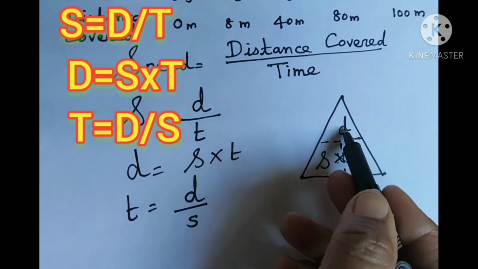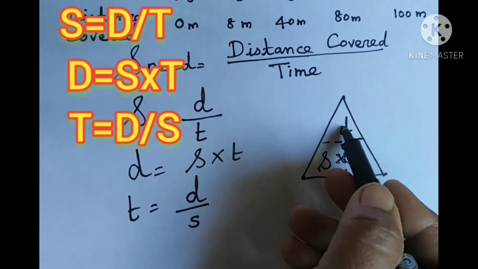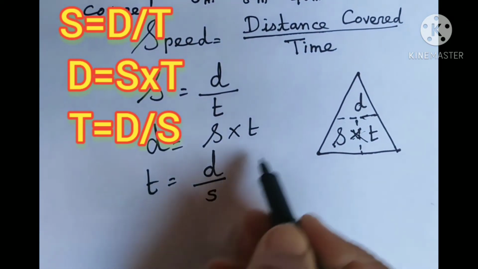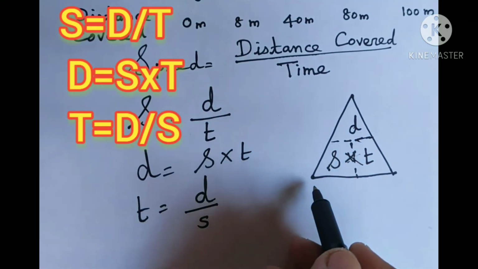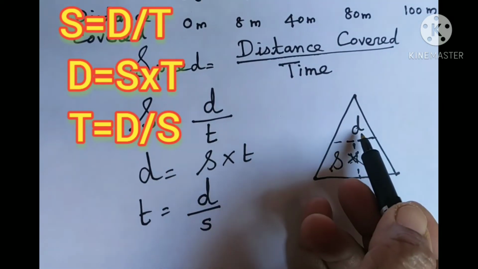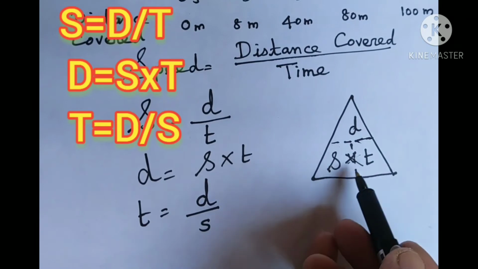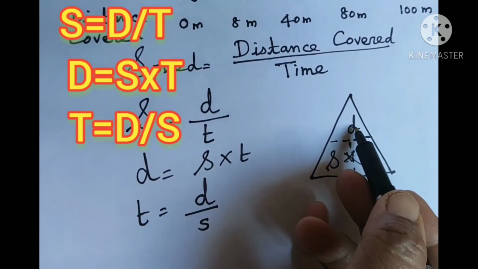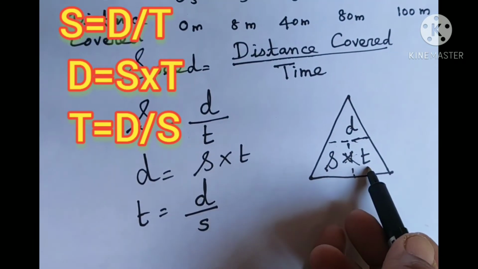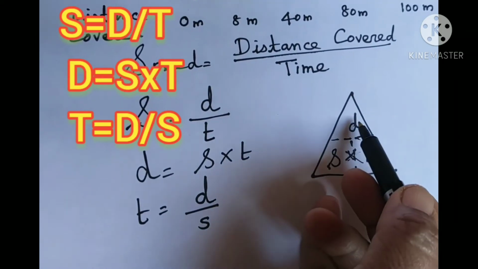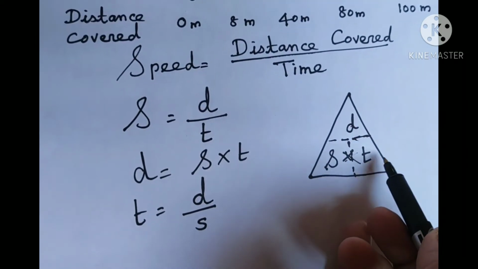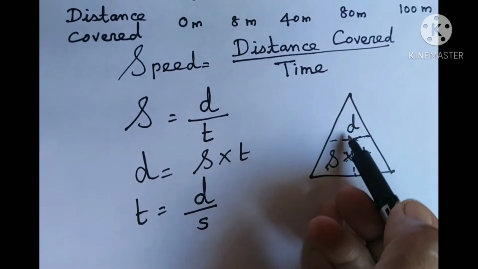Then time is equal to distance upon speed. If you draw a triangle like this, with d on top and S and t below, easily you can understand. Distance equals speed multiplied by time, speed equals distance upon time, and time equals distance upon speed.